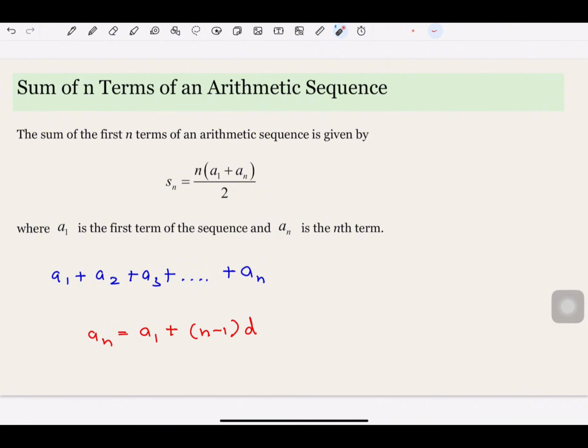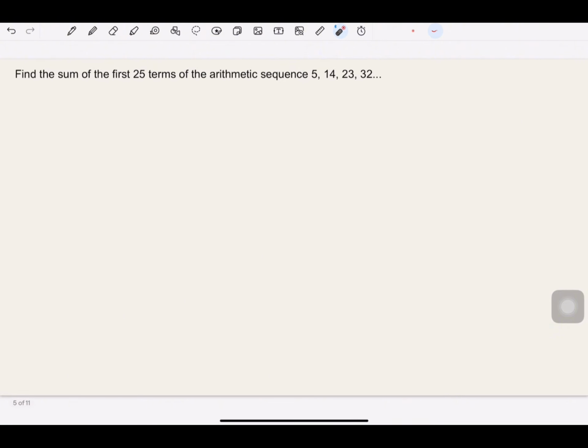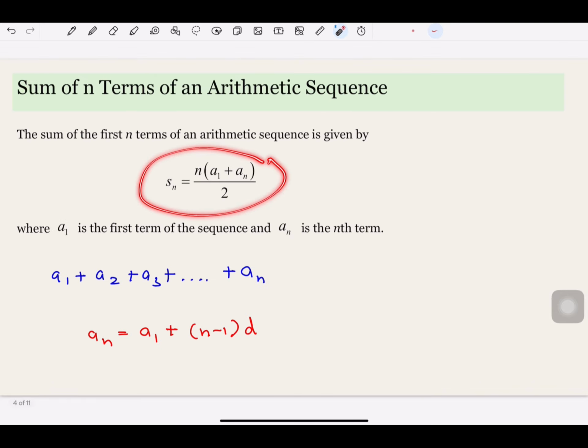Okay, so let's try some examples. The first example: you are asked to find the sum of the first 25 terms of this arithmetic sequence. So you're given a few terms of an arithmetic sequence and asked to find the sum of the first 25 terms. To do that, I'm going to use this formula.